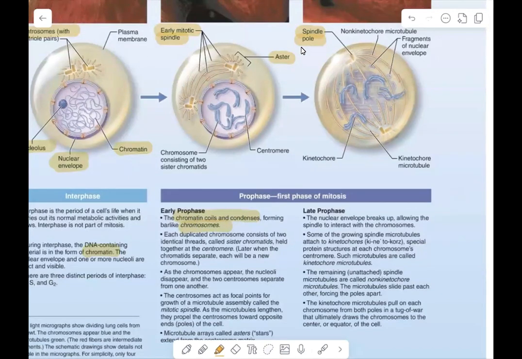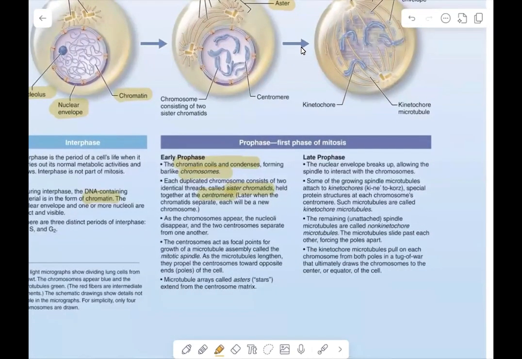Each duplicated chromosome has identical threads called sister chromatids held together at a centromere. And as the chromosomes appear, the nucleoli start to disappear, and the two centrosomes separate from one another. The centrosomes become a focal point. They start to form this microtubule assembly called a mitotic spindle. And those microtubule arrays are called an aster.